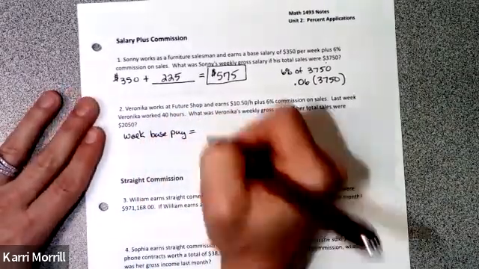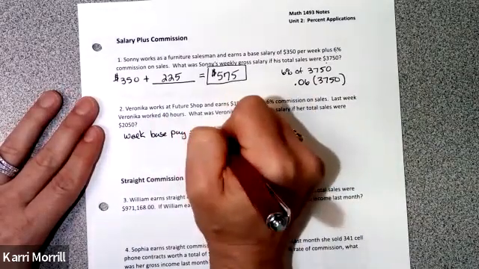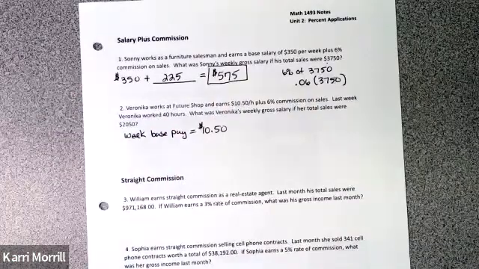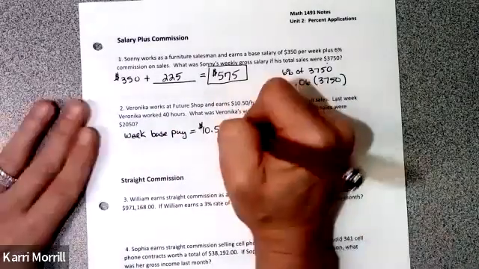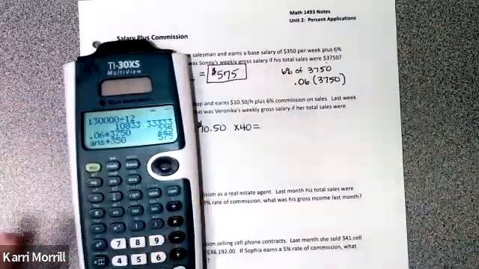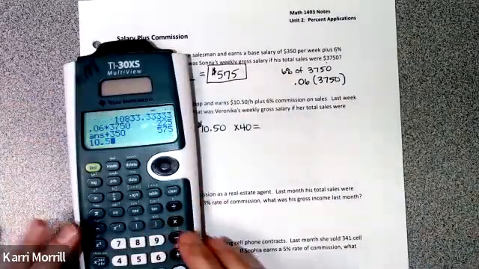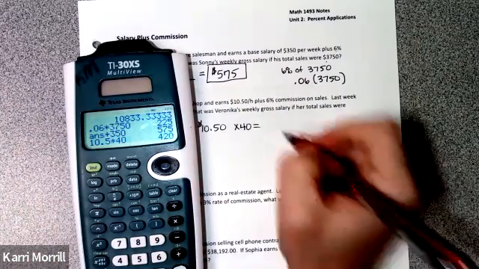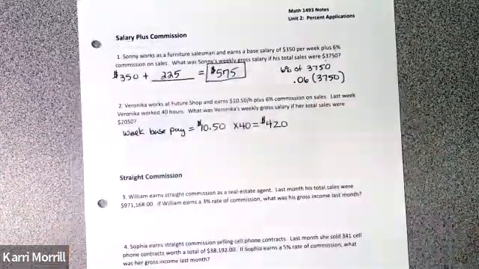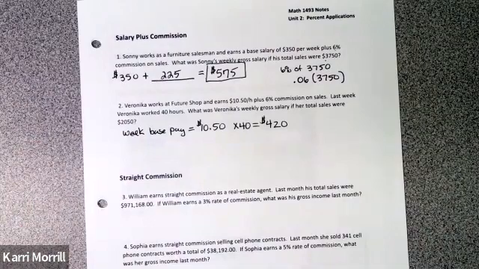First, we need to know how much she got paid that week as base pay. If she gets paid $10.50 per hour, how many hours did we say she worked? 40. We're going to take that times 40. We need to know how much she got paid even if she didn't sell anything for those 40 hours, and she got $420. But then she did sell something and got 6% on it.